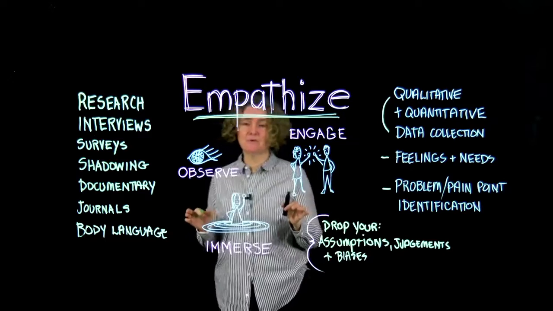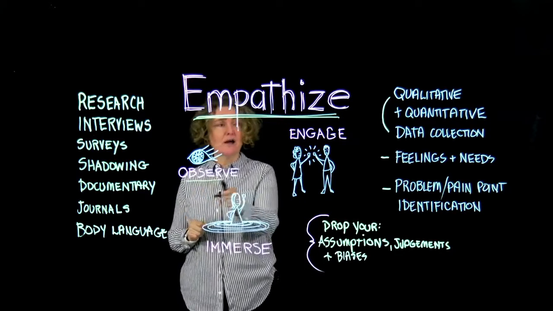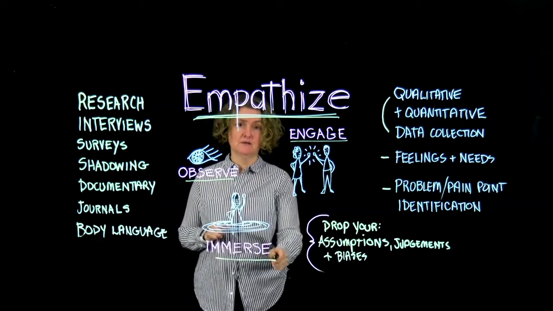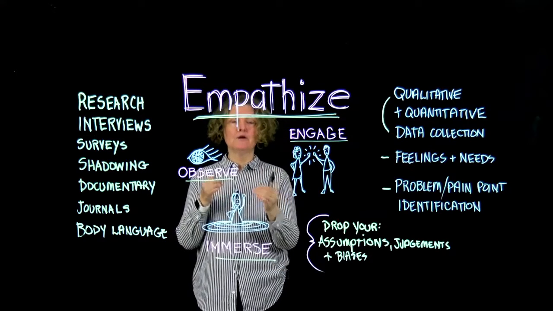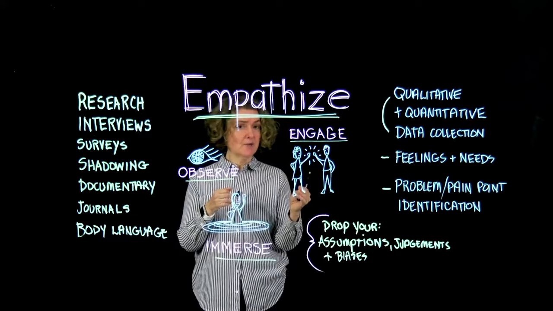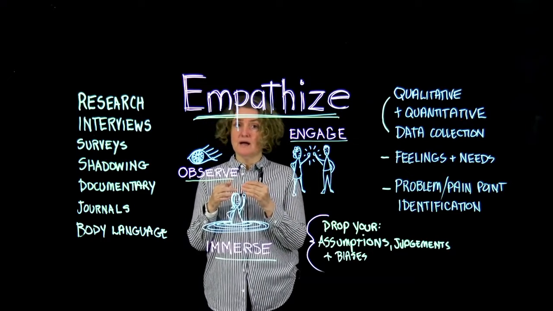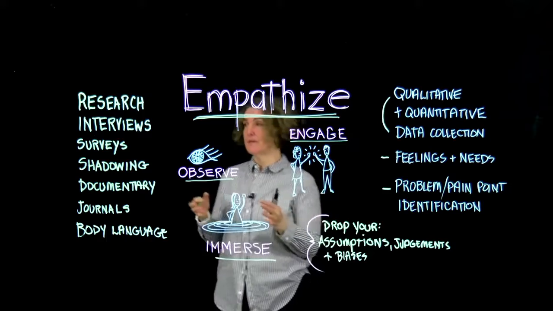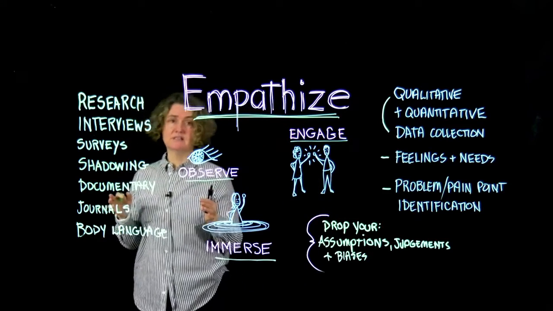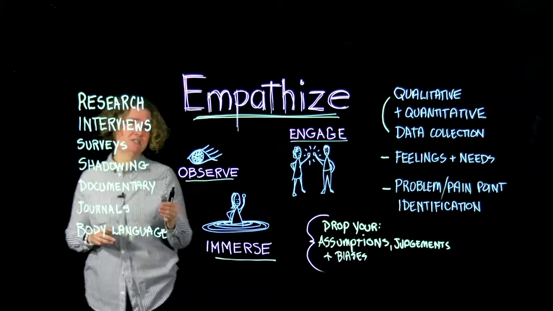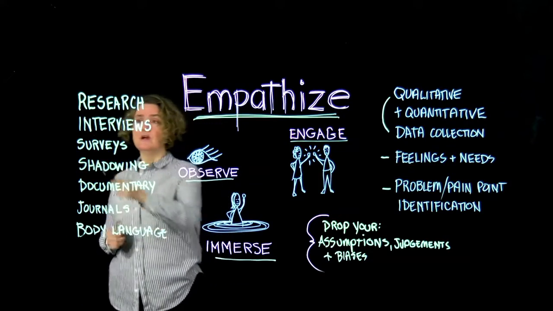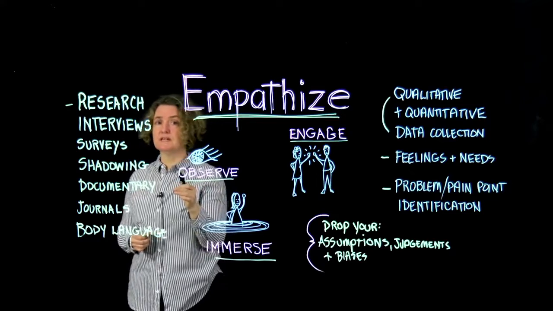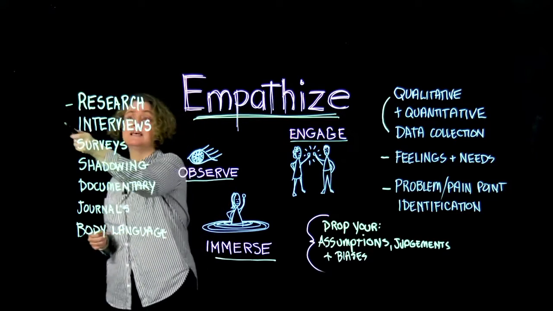The main techniques that we want to use in this process are observation, engagement, and immersion. We need to spend time with the people using our products or potentially using our products if we're designing for them. There are a number of ways to do this, and some of the methods that we teach and incorporate in our coursework are basic research, what has been done before, what has been done in the past, what has worked, what hasn't.